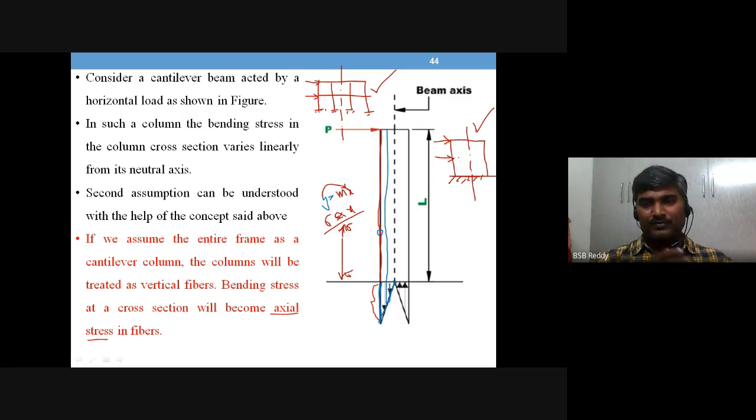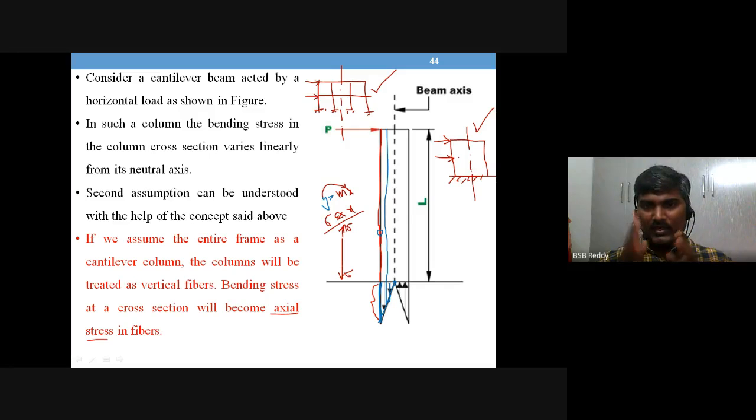Same here in the cantilever method also. The concept behind it is assuming a frame as a cantilever beam. The bending stress in the beam is then formulated as axial stress for a particular layer, or a fiber.